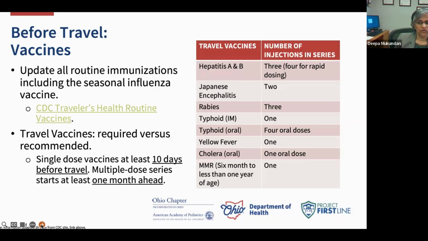Because if there are 2 or 3 doses of a vaccine that need to be given, that may take about 4 weeks, especially like hepatitis A or B. And also, your immune response takes at least 10 to 14 days. Hence, the last dose of vaccine that you take prior to travel should be at least 10 to 14 days prior to getting on that plane. Next slide.